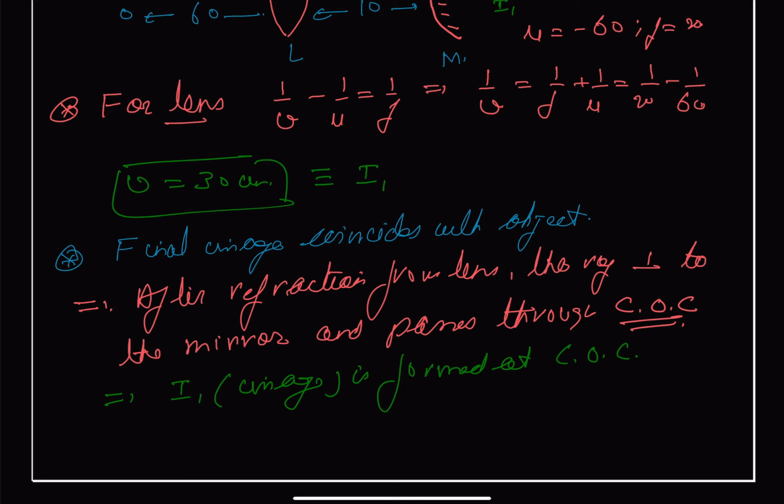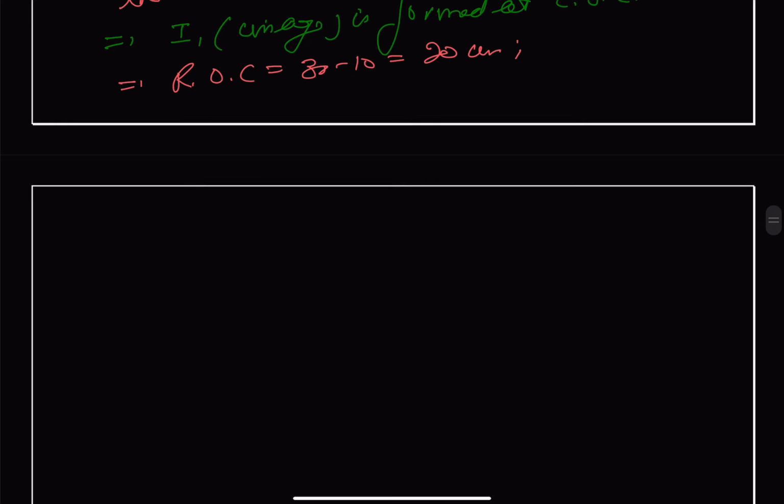So based on this, we can find out that the radius of curvature will be equal to 30 minus 10, giving us 20 centimeters. So from here we can find out the focal length of the mirror. Focal length of mirror will be equal to half of the radius of curvature, that is equal to 10 centimeters.